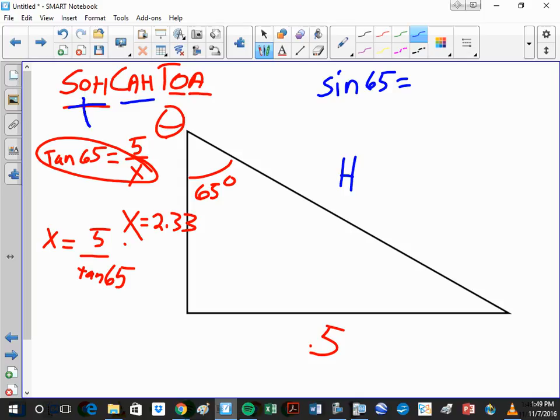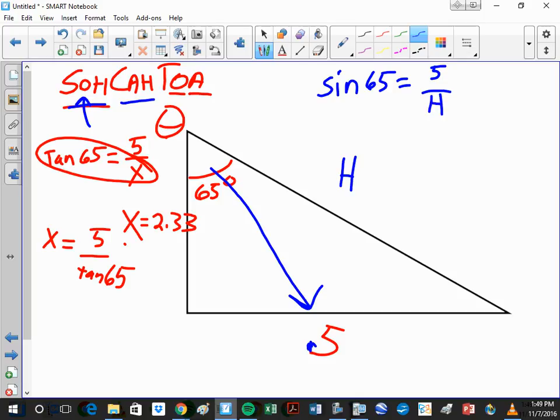Well, what is the opposite side of 65 degrees? Which of those three lengths is opposite 65? Opposite means the one that does not touch that angle. So the one that does not touch 65 would be 5 over the hypotenuse, which is h.